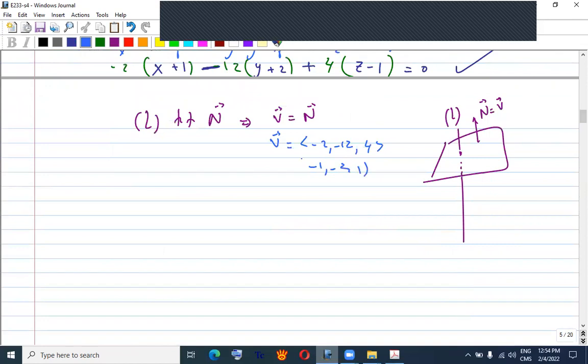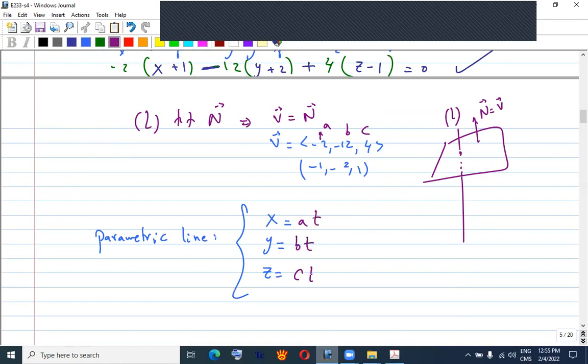Now you want to write the general form of the parametric equation. The parametric equation of the line would be, in general, x equals, y equals, z equals. If you want to write it like a, b, c, we prefer a, b, c: x = at - 1, y = bt + ..., z = ct + ..., where t is the parameter, and this represents the point, x the point, y the point, z the point.